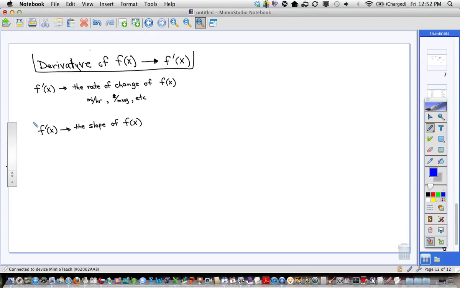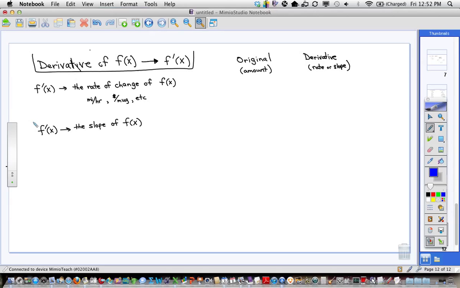Okay? So we often talk about these functions as an original function or an amount function, and then its derivative, or its rate or slope function, right?